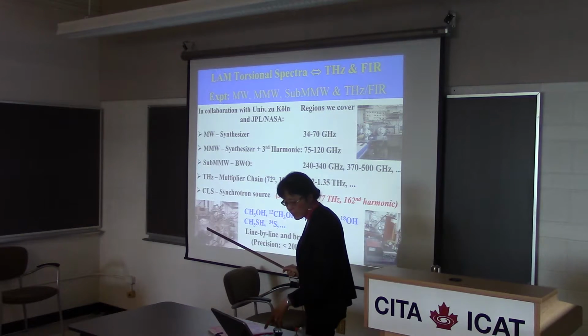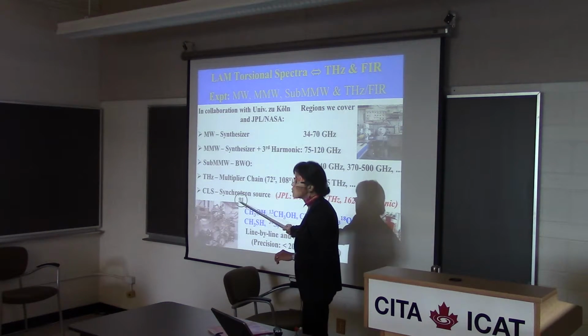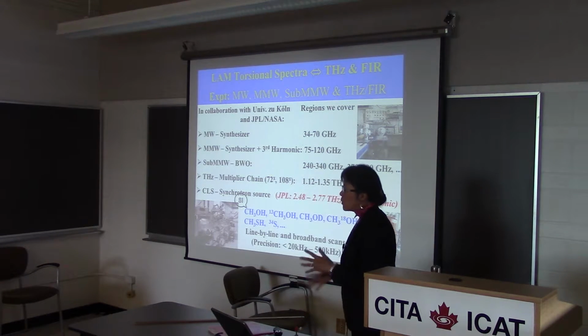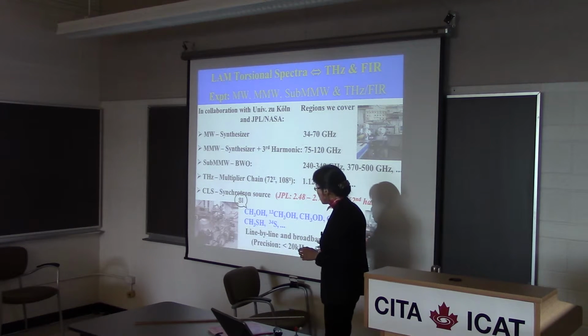Most recently, we are just doing the chemistry to try to replace the carbon with silicon. We want to look at silicon-based chemistry as well. We do line-by-line surveys as well as broadband scans. And that's the typical accuracy we're talking about.